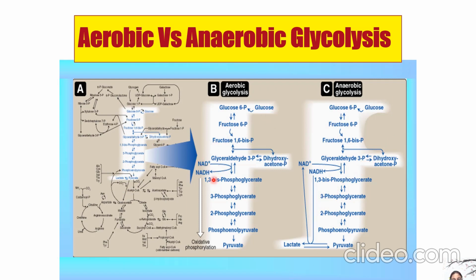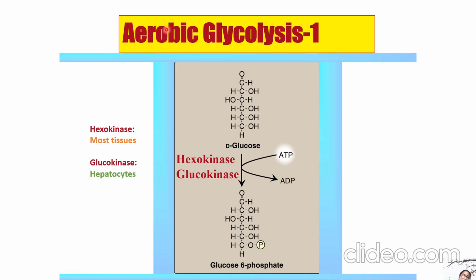The only difference being that after pyruvate, it will go on towards the Krebs cycle and oxidative phosphorylation, whereas for anaerobic glycolysis, it will probably go towards the fermentation steps. So in aerobic glycolysis, glucose gets converted to glucose 6-phosphate with hexokinase and glucokinase. Hexokinase is present in most tissues, while glucokinase is present in some of the hepatocytes.